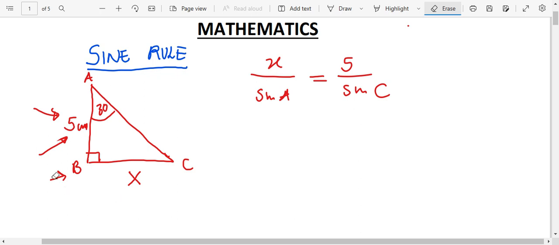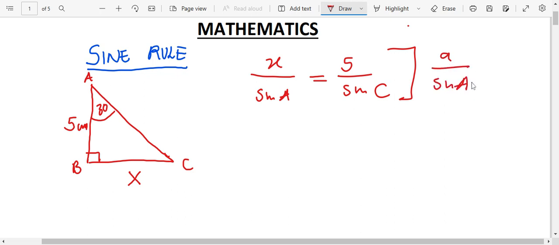If you are talking about the side A, maybe I should have written the formula first. So the formula is supposed to be a divided by sine A is equal to c divided by sine C. But this small a, you can see that small a is what? Is x. Okay, and then this small c is what? Is 5. Is that okay?